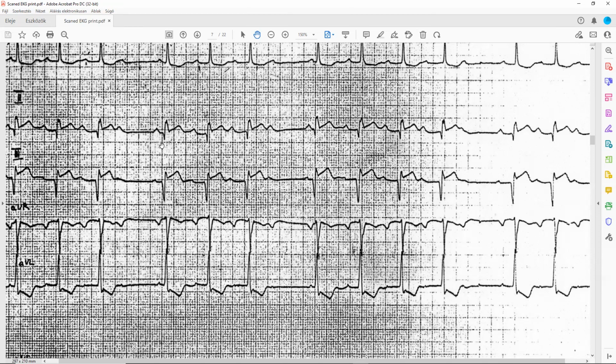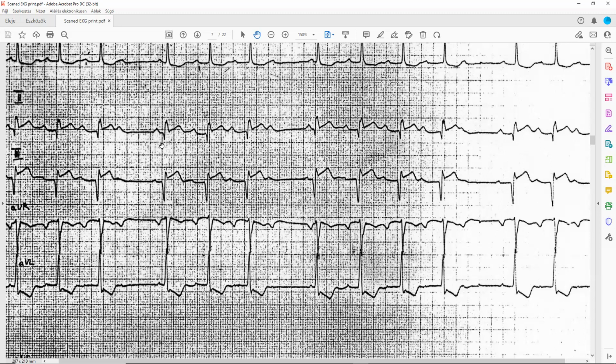How can you differentiate between them? In type 1, the PR intervals get longer within the cycles, and in type 2, the PR intervals are constant within the cycle.